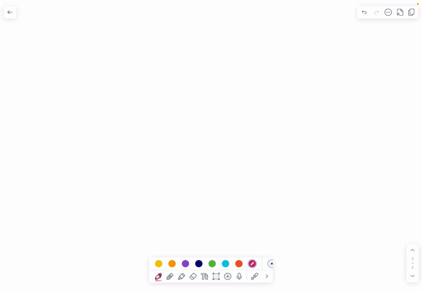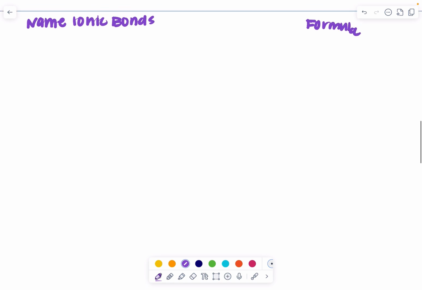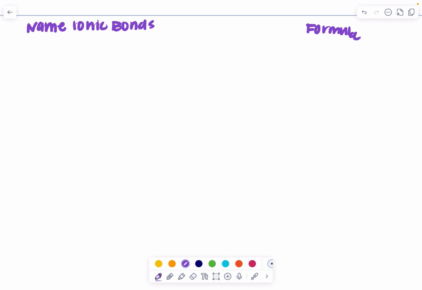Now, there's 2 things that we're going to want to do with this. We're going to want to name ionic bonds, and we're going to want to give the formula for an ionic bond. And you'll have to know one to know the other, unless it's like a riddle of sorts.